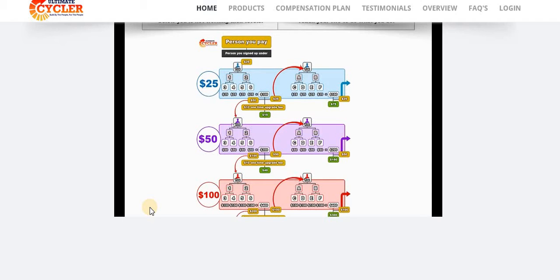Okay, so once you're in the $50 Business Center, now you have two businesses going on. The $25 Business Center is still running. The $50 Business Center is just starting. And you're teaching your people to follow you into a higher business center, thus being able to increase your income potential by doubling your income, because this is now a $50 Business Center.